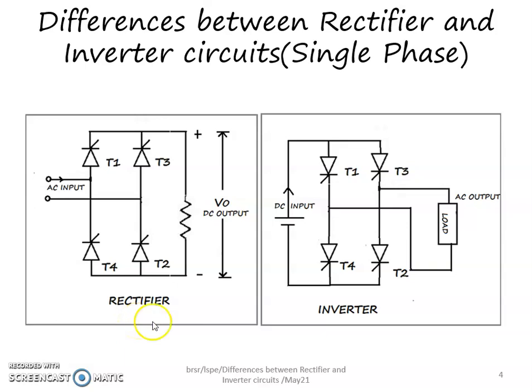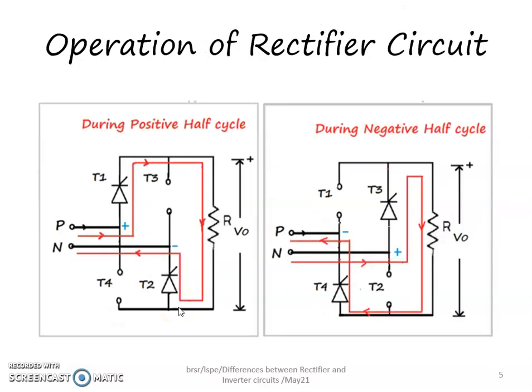Let us now see the operation of a single phase rectifier first, and then going for the inverter circuit. So if you see in this case, the thyristor will be on only when the gate signal is given. So if the thyristors T1 and T2 are given the gate signals, the AC is the input, and during positive half cycle, plus will be available at the junction of T1 and T4, and minus will be available at the junction of T2 and T3.